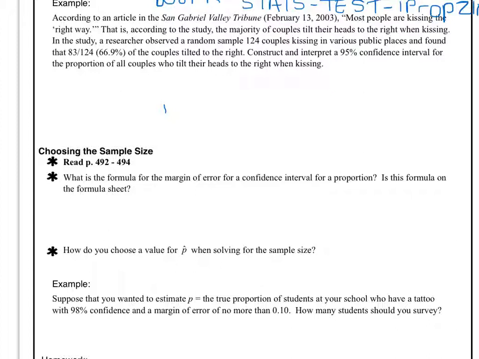In the study, the researcher observed a random sample of 124 couples kissing in various public places and found that 83 out of 124, or 66.9% of the couples, tilted to the right. Construct and interpret a 95% confidence interval for the proportion of all couples who tilt their heads to the right when kissing.